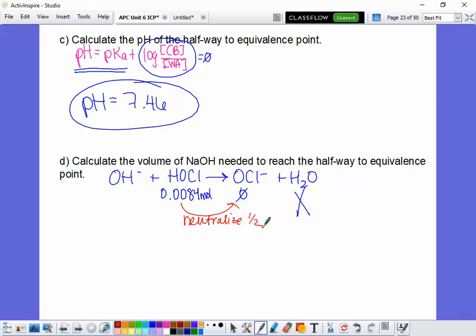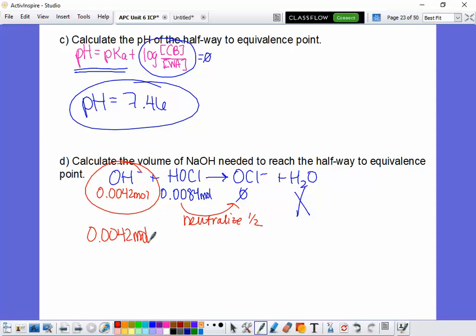How many moles of OH minus do we need to add? 0.0042 moles. So that's all we really need to finish out problem D. We don't need to finish out the chart. All we need to know is that we need 0.0042 moles of OH minus.